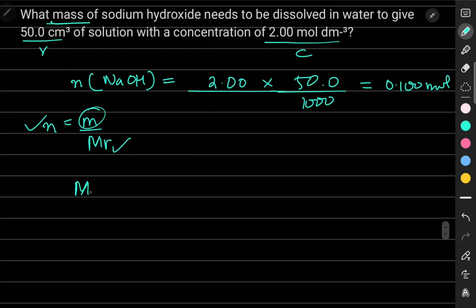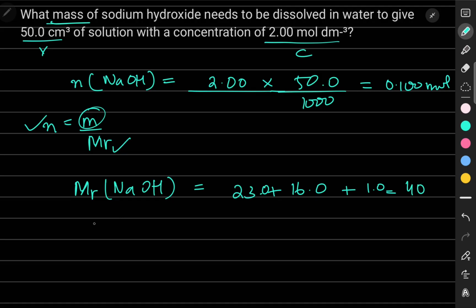Let's find the Mr. So Mr of what? Of sodium hydroxide. So that's going to be 23.0, use your periodic table for this, plus 16 for oxygen plus 1, and that is 40.